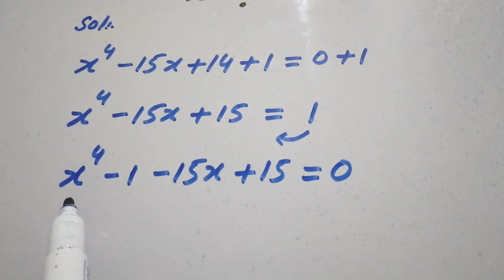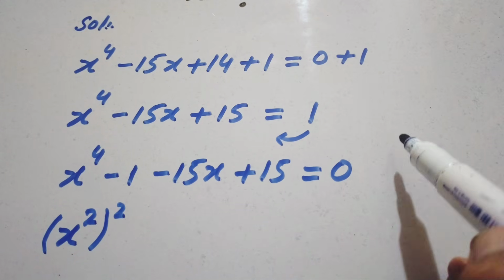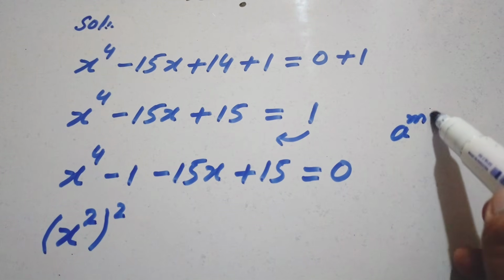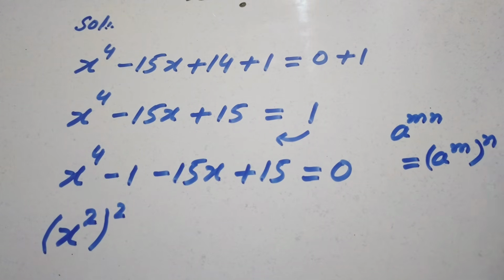We can write this equation as x power 4, we can write this as x squared whole squared, because we know that a power mn is equal to a power m to the power n. So here 2 multiplied by 2 we get 4, minus 1.